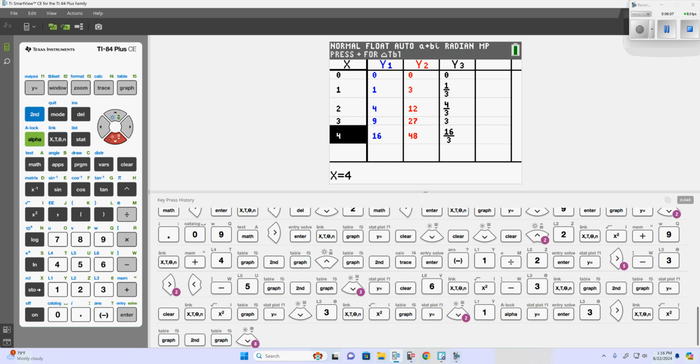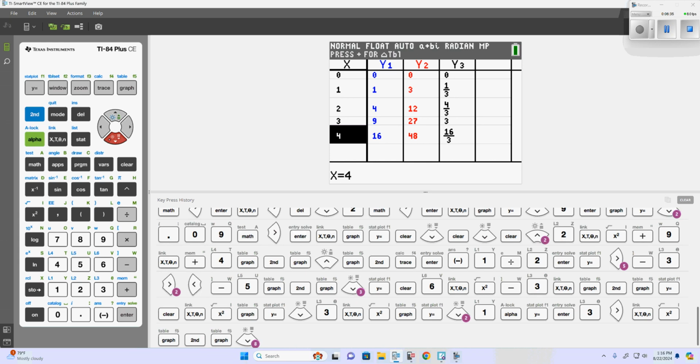Instead of 16, it's 48. It's increasing by a factor of 3. It has a vertical stretch of 3. However, the one in black, instead of 1, is now at 1/3. Instead of 4, it's now at 4/3. It's increasing slower, at a rate of 1/3 of the normal value. And that's what we're looking at.